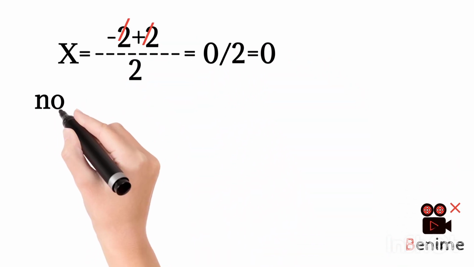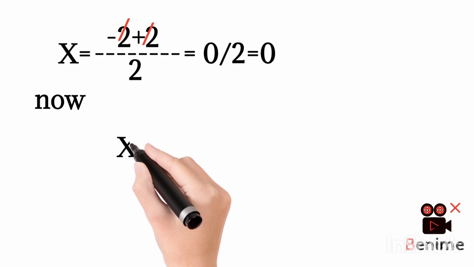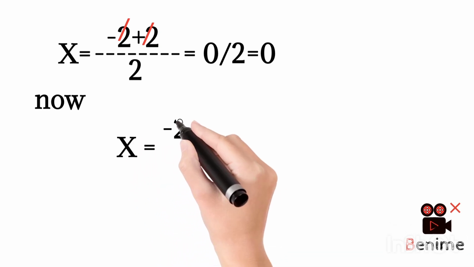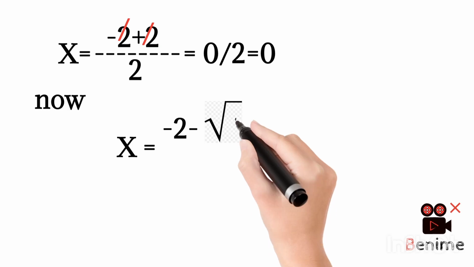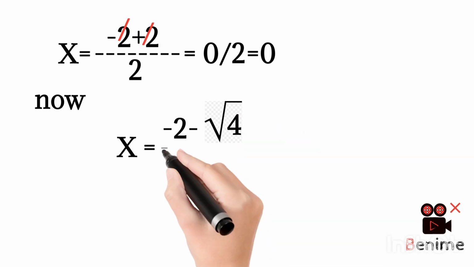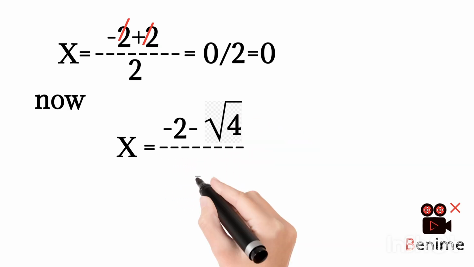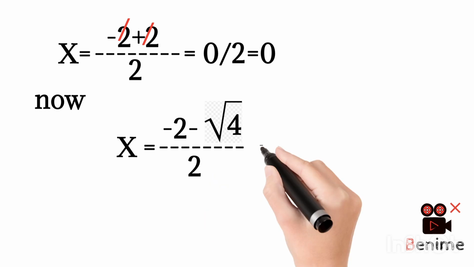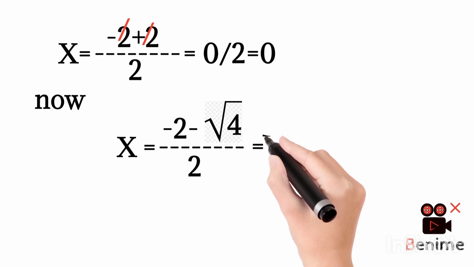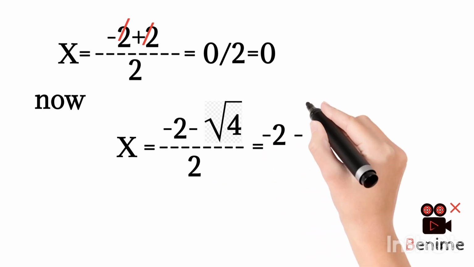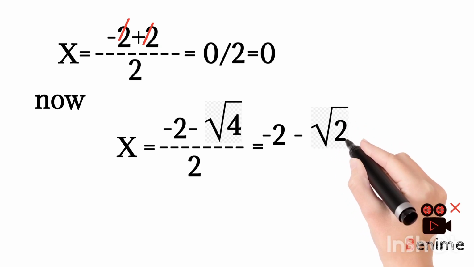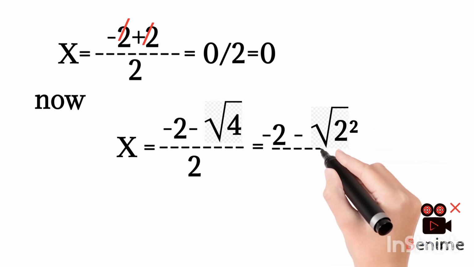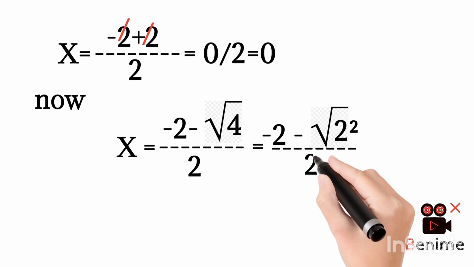Now to find the second root, x is equal to (-2 - √4) / 2. By doing the same steps, (-2 - √(2²)) / 2, again the square will cancel out the square root sign, and we are left with (-2 - 2) / 2.